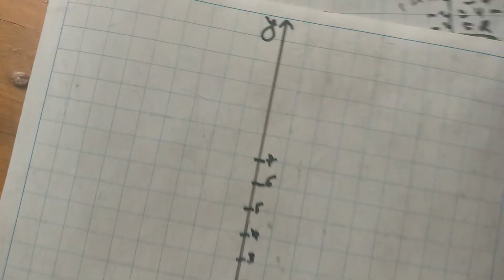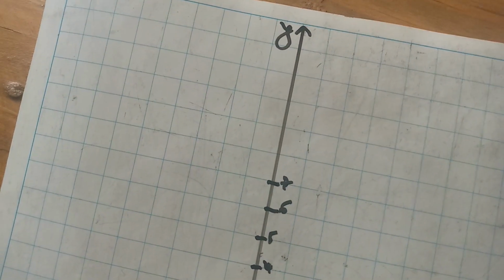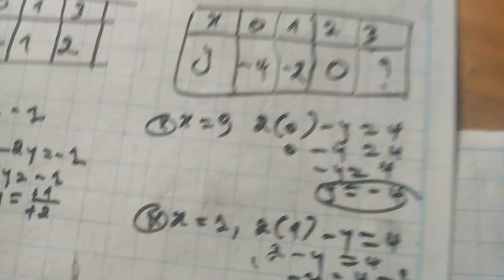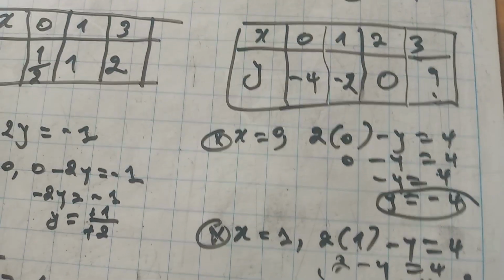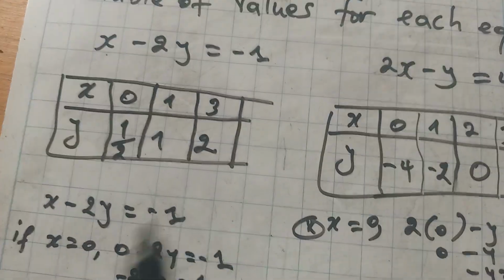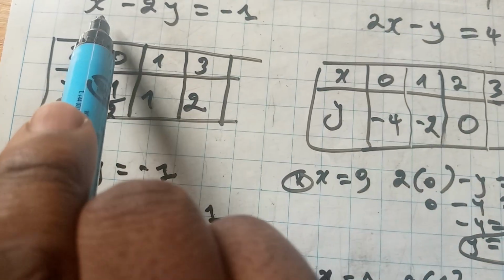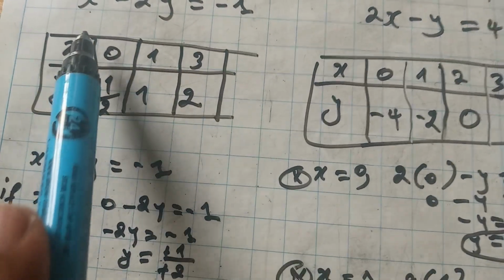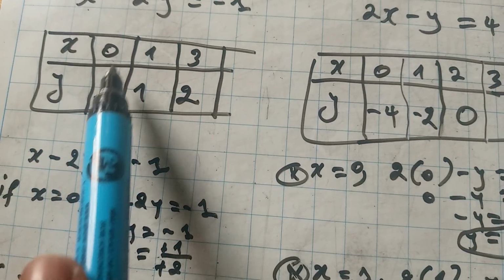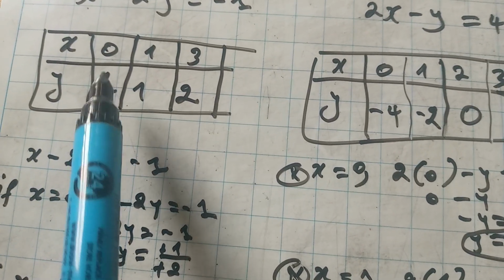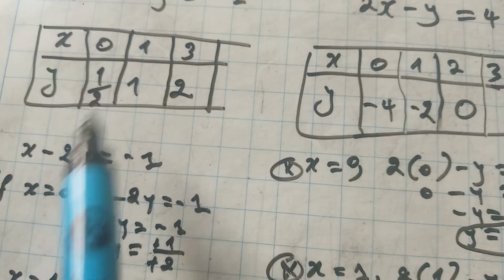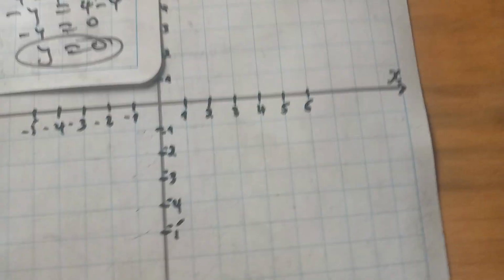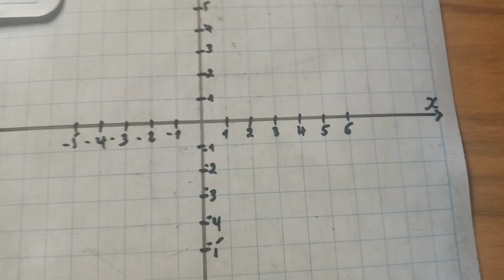So then we have different points here. You see, we have different points from our table of values. By considering equation number 1, we have x equal to 0 and y equal to 1 over 2. 1 over 2 means 0.5. So let us come here on our graph.